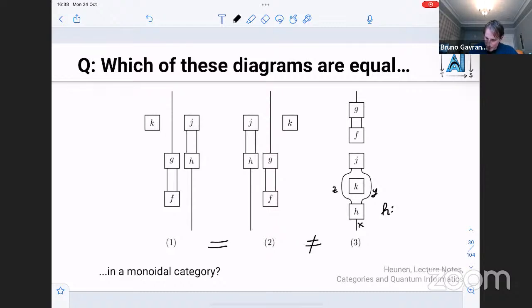So for instance, h, and let's say these are in a category maybe Set, for now thought of as just a monoidal category. This would be a morphism from z to y, right? And then j, this is maybe important to mention, j would be a morphism from z times y to the monoidal unit, because there is nothing drawn. If you remember, I said the monoidal unit is the empty space. So this is going to be 1.